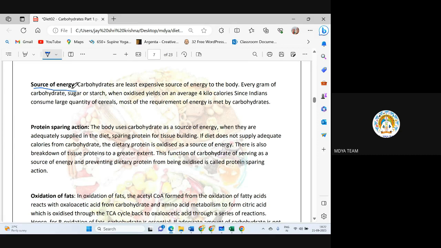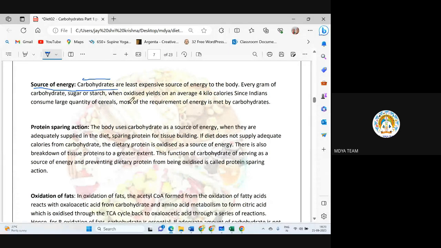Similarly, our body also needs energy. So the main source of energy in our body is carbohydrate. All the important organs of our body majorly use carbohydrate. Some organs also use different sources, but most organs use carbohydrate.